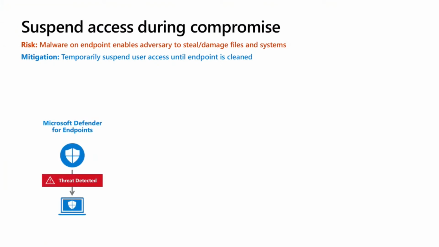So the mechanism of suspending access during compromise. If you are infected, as I told you, we invoke the conditional access mechanism. Through conditional access, they judge how risky your device is and how risky your account is.